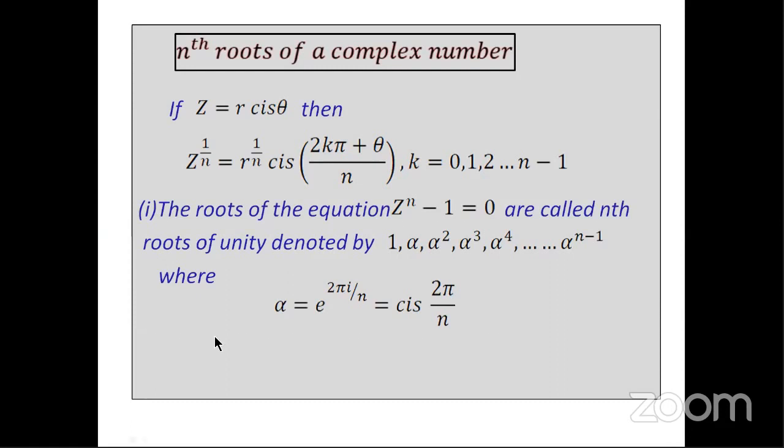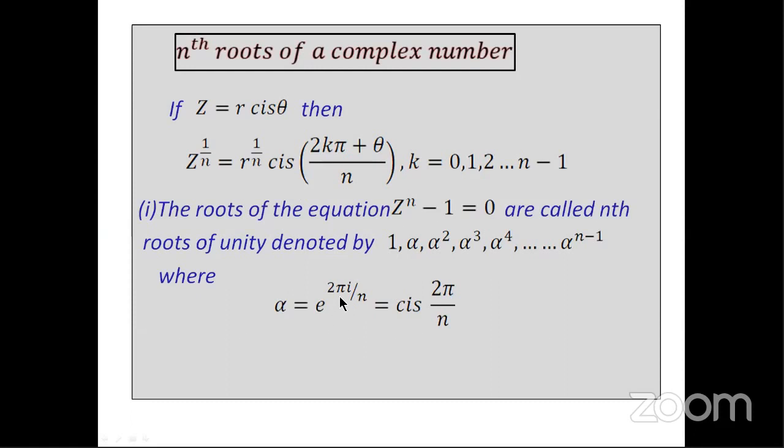So alpha is one of the nth roots of unity, and instead of theta, we are taking 2 pi by n. 2 pi is the deciding factor here because the functions cos and sine have a period of 2 pi.